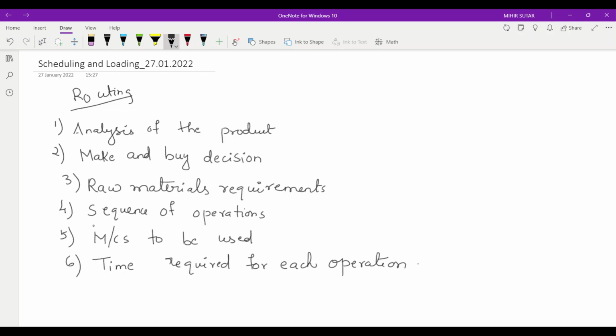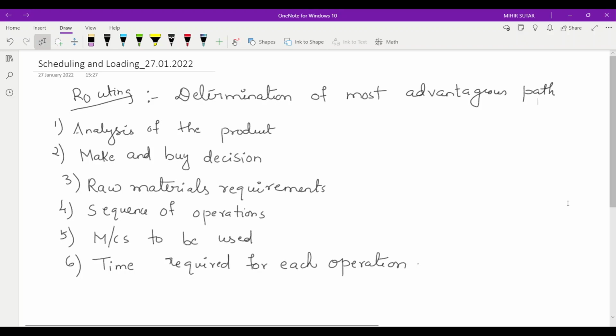So in short, I'm writing it: routing is the determination of the most advantageous path to convert raw materials into finished products.